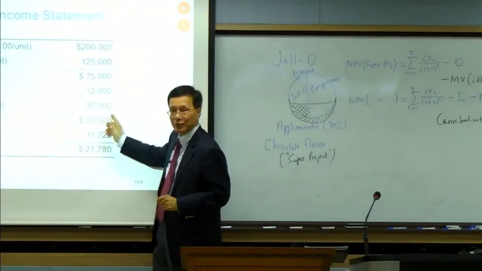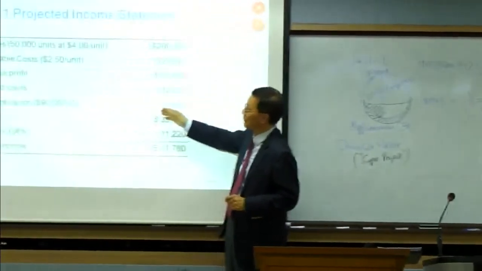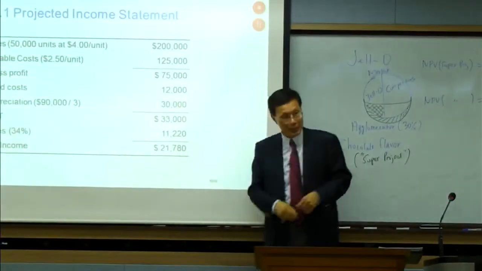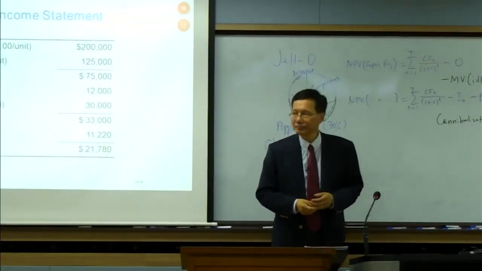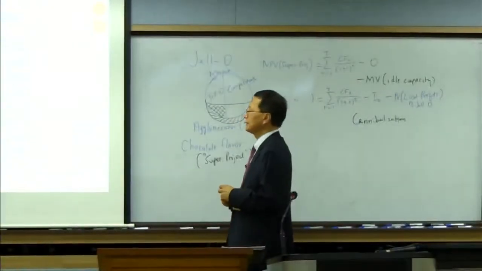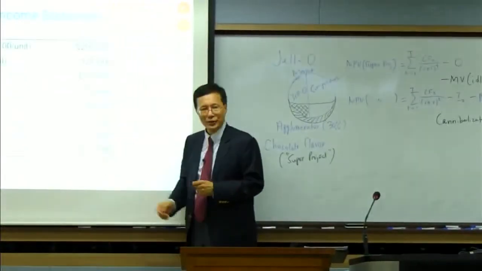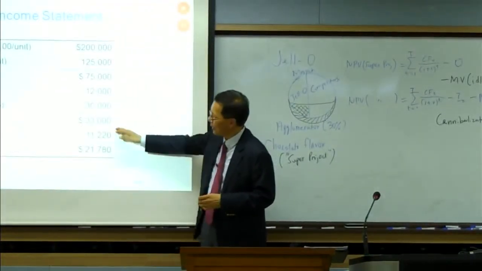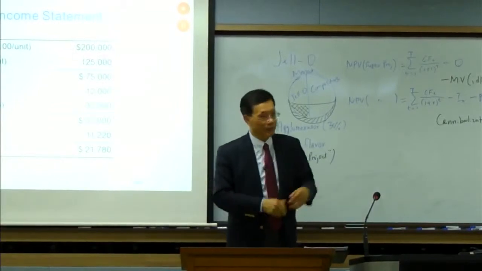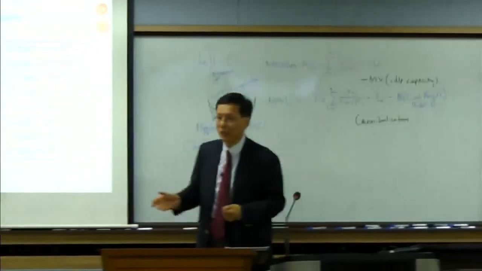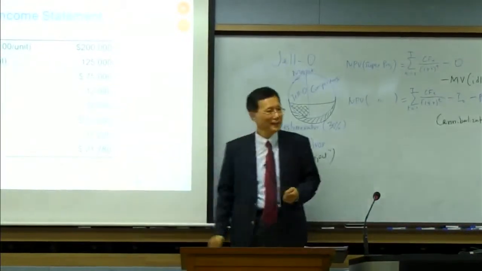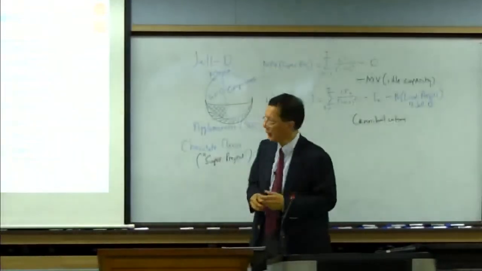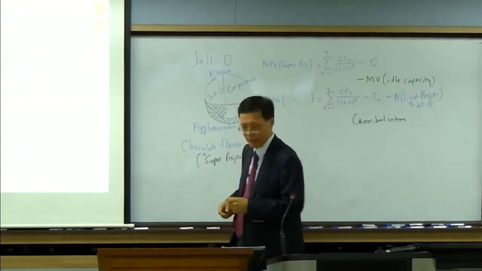So 30,000 depreciation is subtracted from gross profit to yield EBIT of 33,000. And subtract tax, 34% of that, and you have net income. That's net operating profit after tax. This is NOPAT, of 21,780.